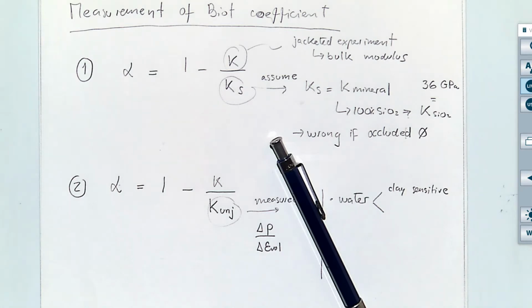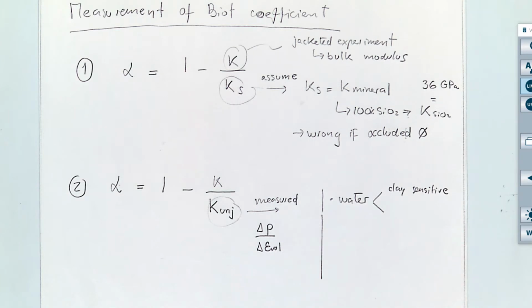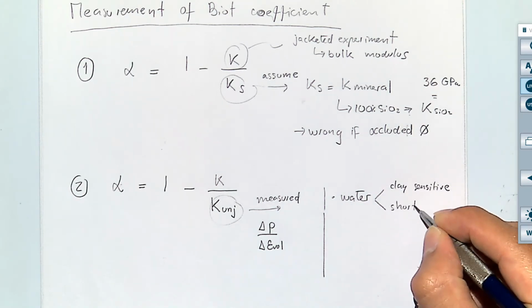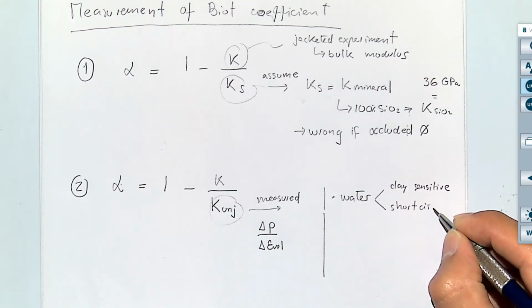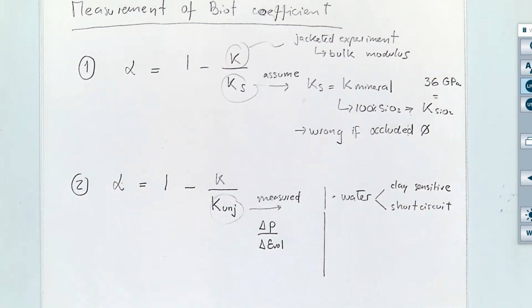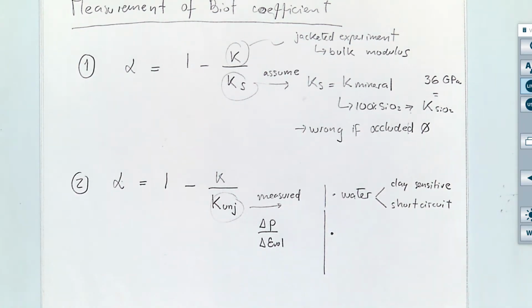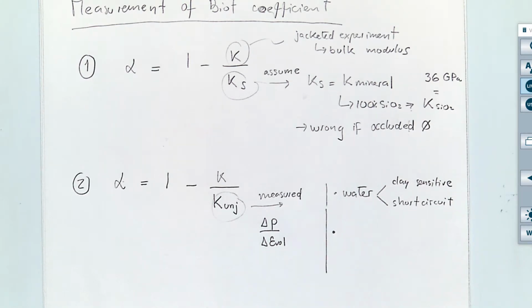So if you have a brine, which is an electrolyte, and you expose that to some circuits, you're going to have a short circuit. So in terms of experimental procedures, that's not good either. All right, so we're not going to use water because you're going to break your cell. In a typical triaxial cell, you cannot use water in there. All right, so let's use gas.